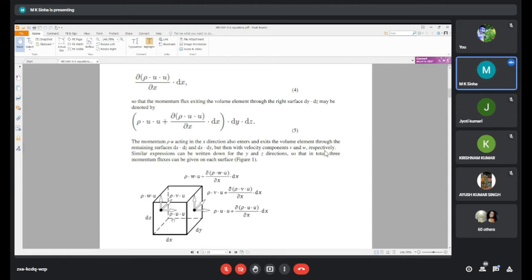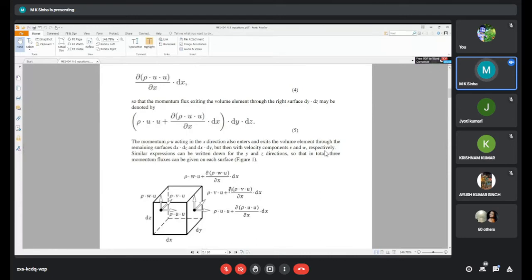It is a rectangle. So this will become rho u plus del by del x of rho u into dx, times the surface area dy dz.